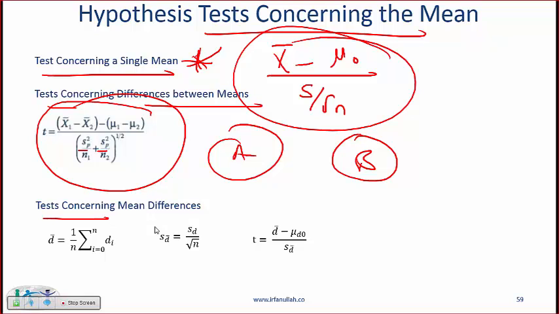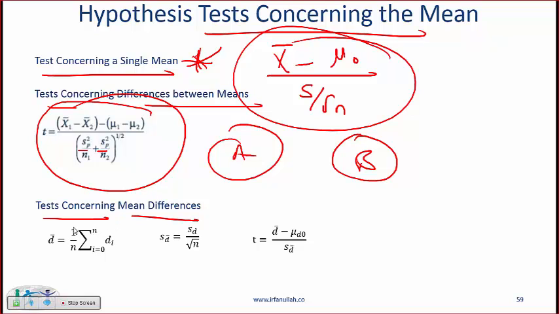You can also have tests concerning mean differences. So you have two populations, or actually the classic scenario that I use in my regular lecture is that you want to evaluate whether the return on Ford Motor Company and General Motors is different. So for every month or every period, you look at the difference between Ford return and GM return. So that then becomes what you are evaluating, the difference.